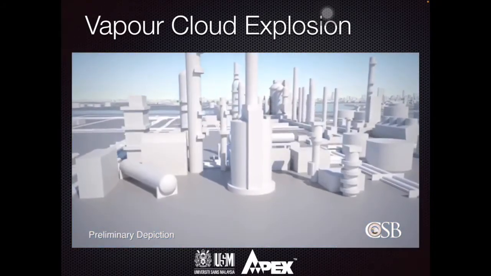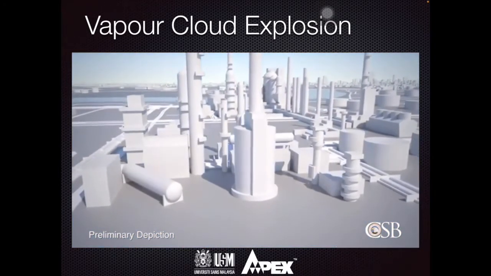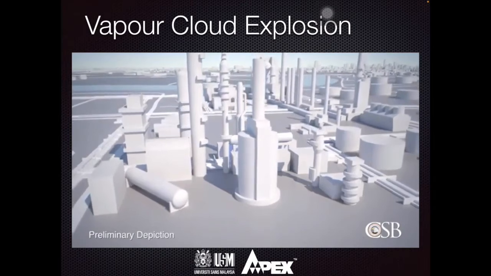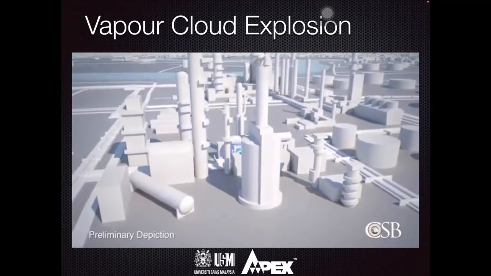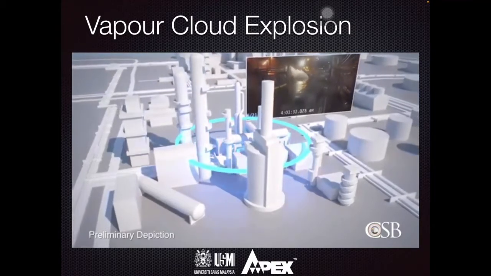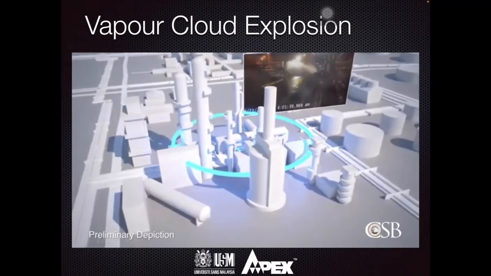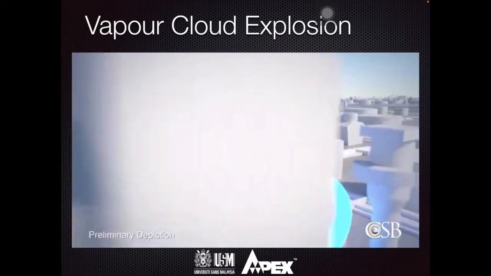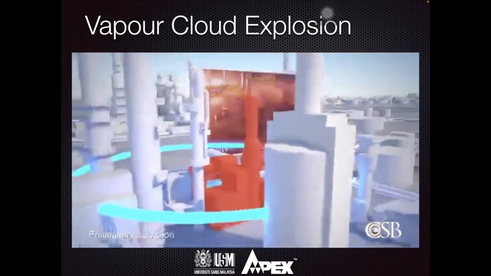The alkylation unit produced components of high-octane gasoline. The leaking process fluid formed a large ground-hugging vapor cloud that surrounded some sections of the unit. 2 minutes later, the cloud ignited, causing a massive fire.